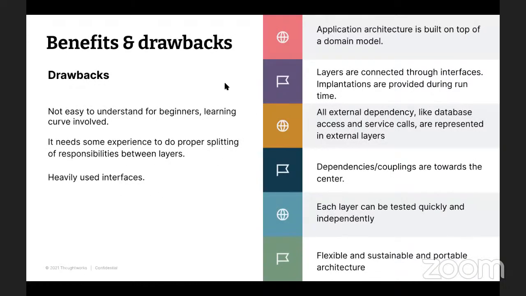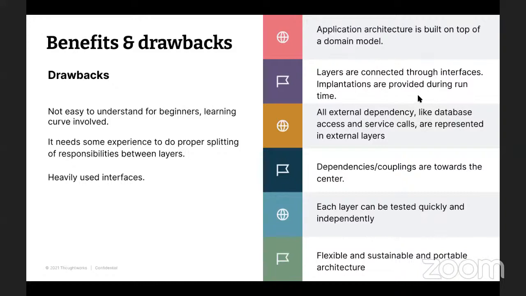So what are the benefits of this approach, right? Here we can see the application architecture is built on top of a domain model, right? So the domain is the main focus here. We can concentrate on the business problems. Layers are connected through interfaces.